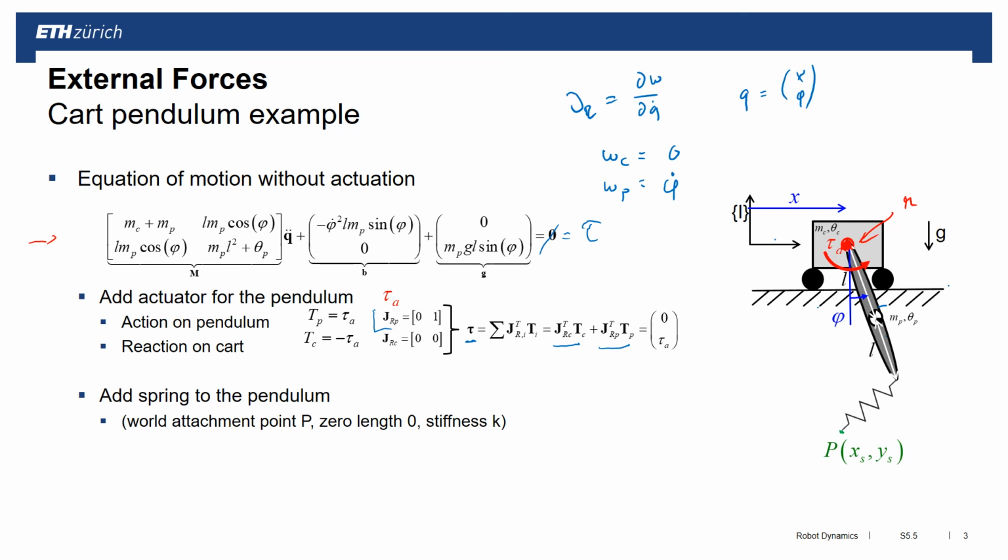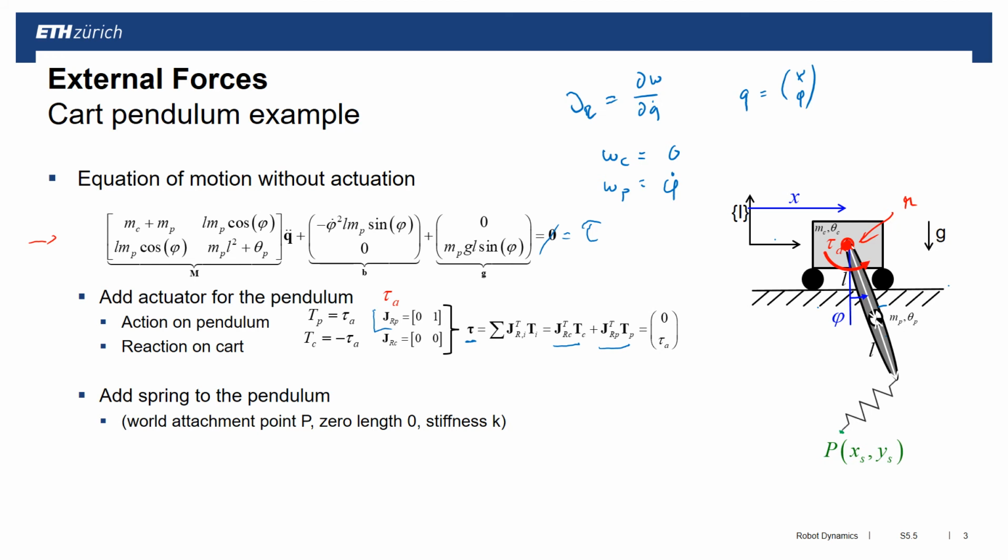Now the question is, by adding this additional spring, how do my equations of motion change? Now one way is that we go through Lagrange 2. We calculate the potential energy that the spring produces, and we do this straightforward derivation in order to get its influence on the dynamics equations of motion.